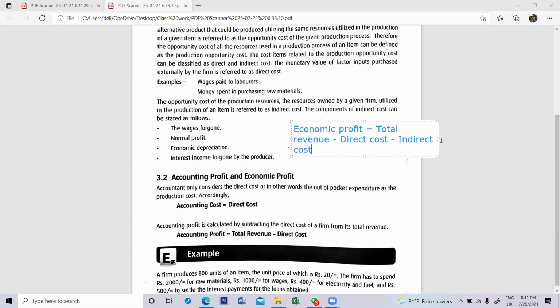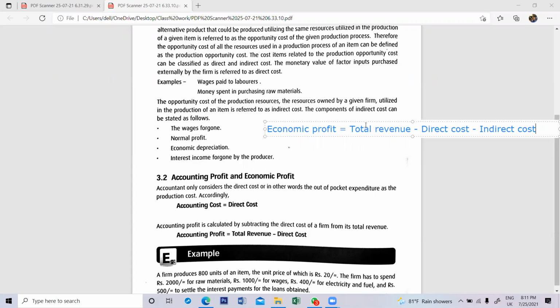Right. So this is how we illustrate profit. Total revenue minus direct cost as well as indirect cost. Then economic profit is lower than the accounting profit.